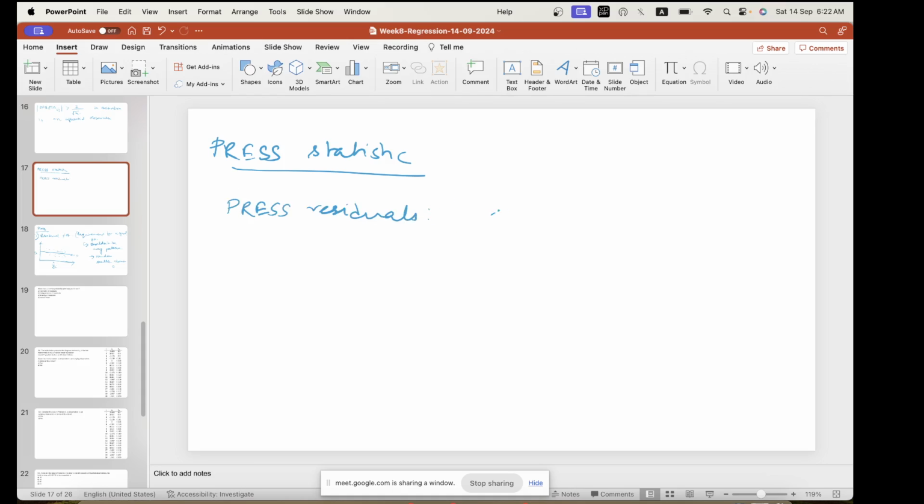PRESS residuals are e(i), which is equal to yi minus yi hat. Now the PRESS statistic is actually the summation of e(i) square, that is i equal to 1 to n.